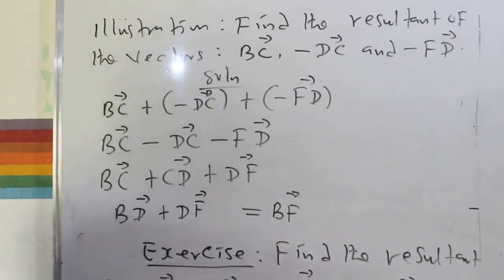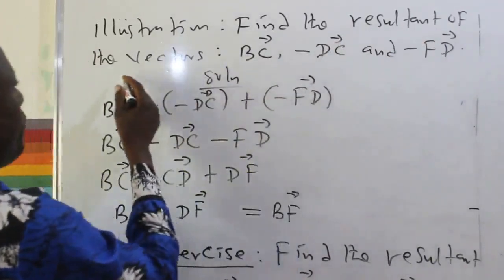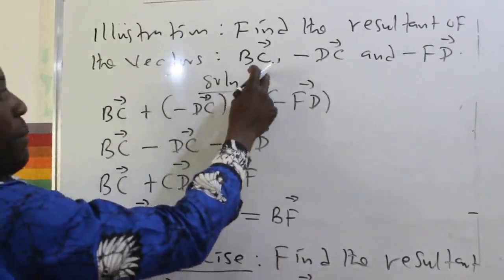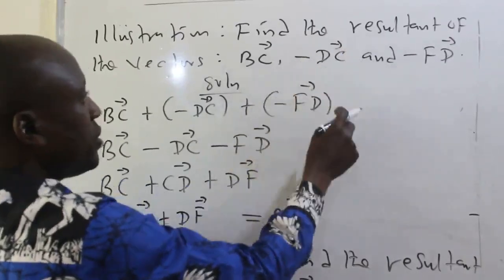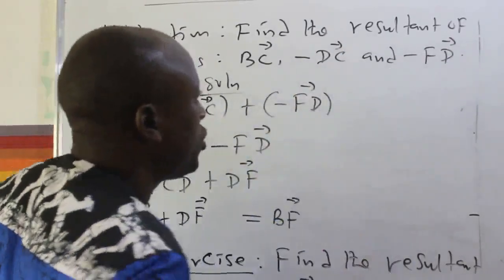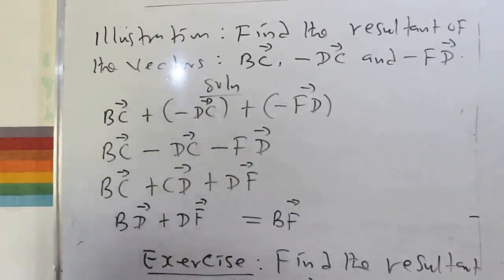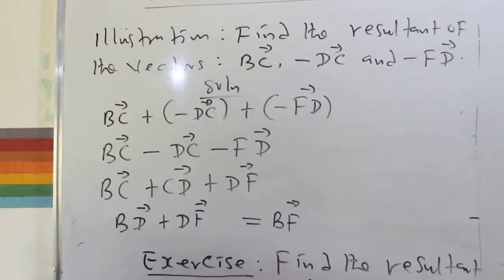Now, let's look at another example. Illustration: find the resultant of the vectors BC, minus vector DC, and minus vector FD. Solution: we are to add the given vectors.